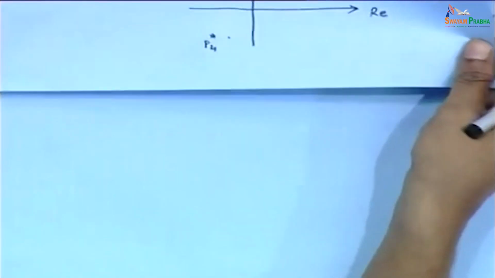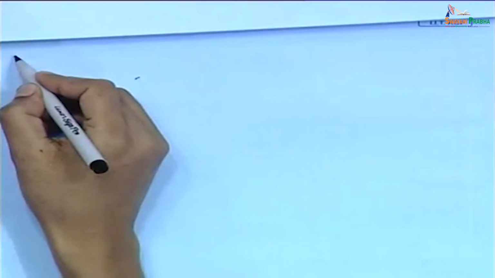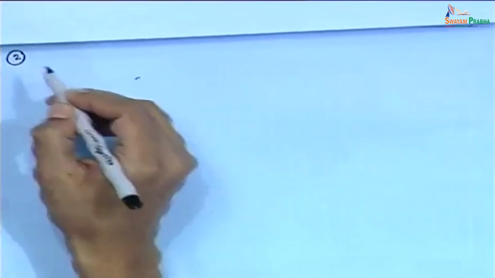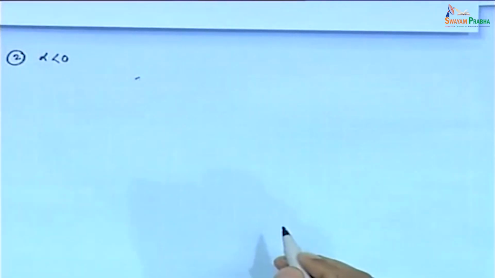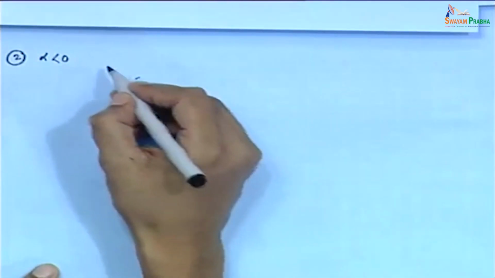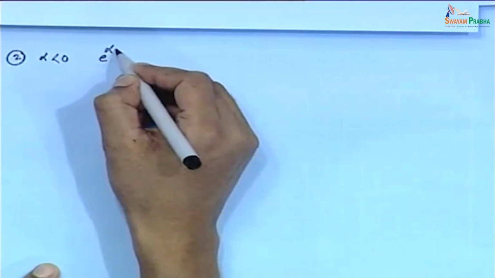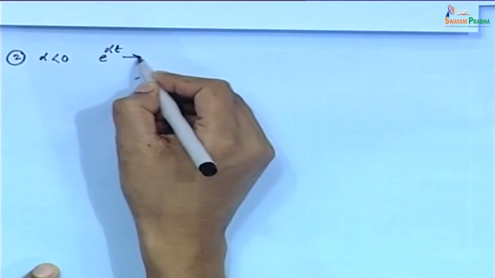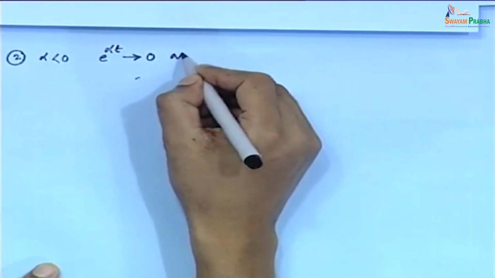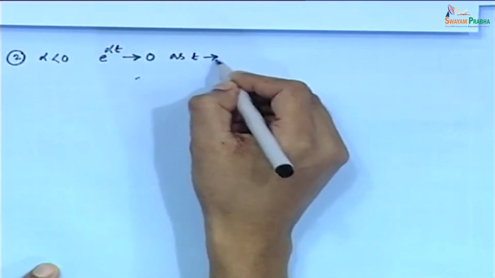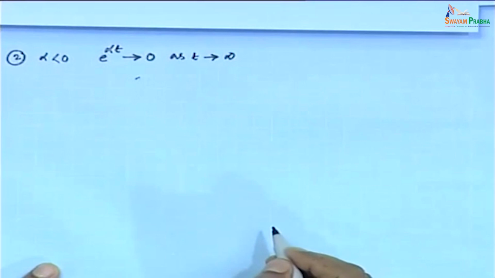Similarly, we will consider alpha less than 0. In the next case, we will consider alpha less than 0. Then exponential of alpha t tends to 0 as time tends to infinity.